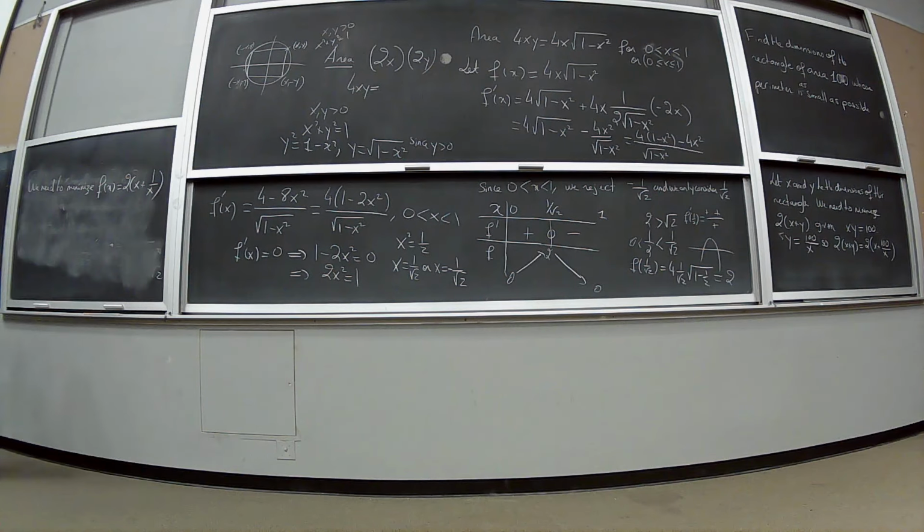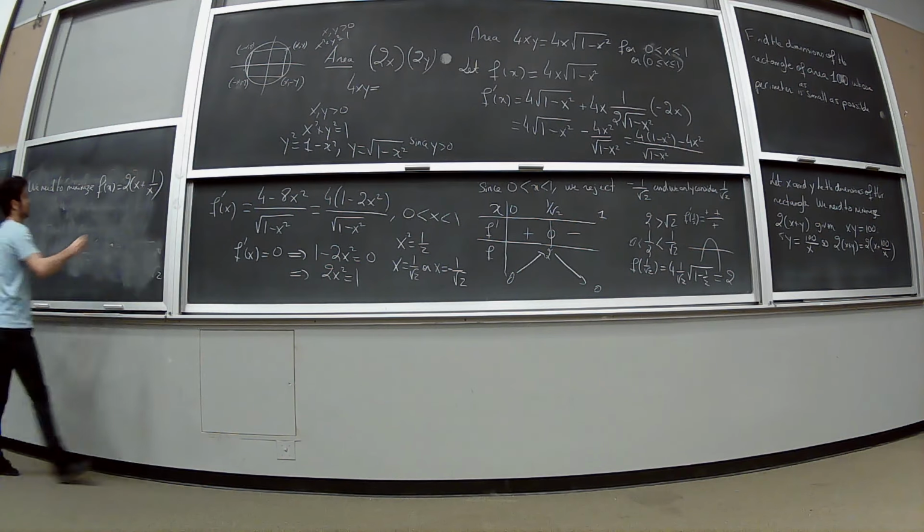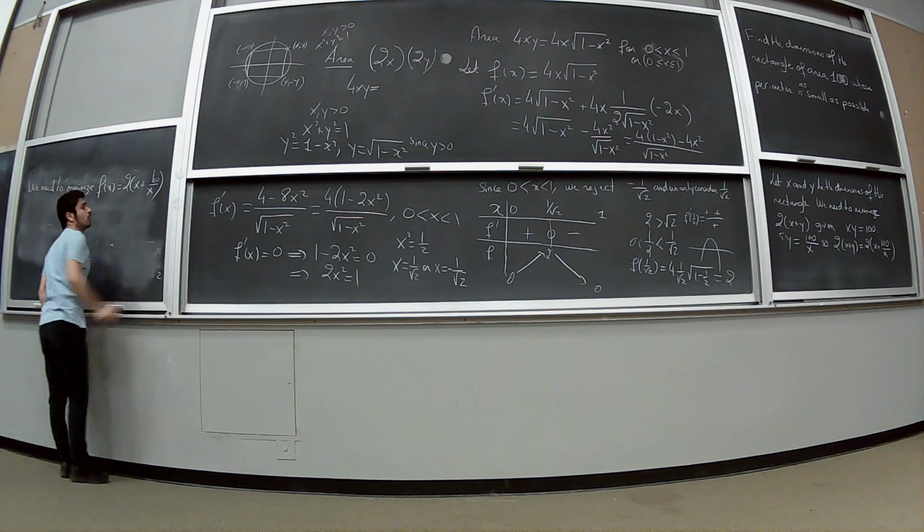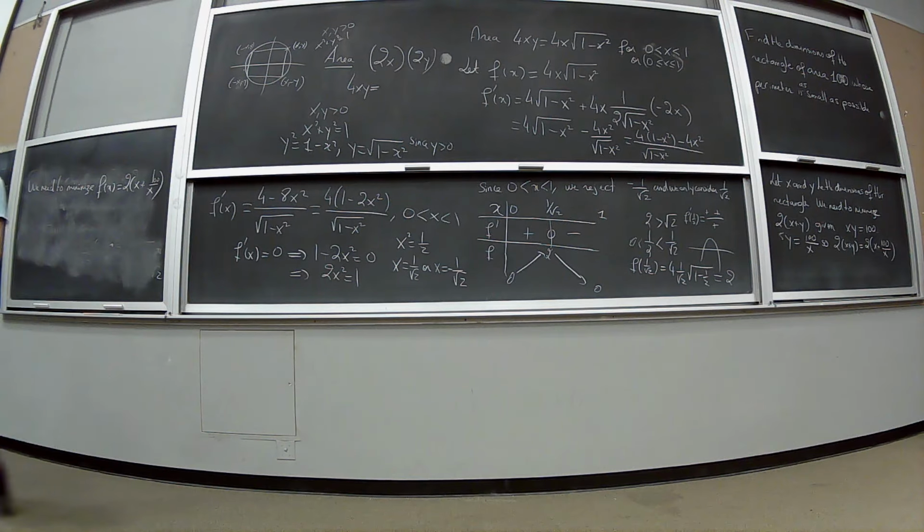On what interval do I need to minimize? What are the possible values of x? X is the dimension of the rectangle. Can x be negative? No, but can x be as large as possible? Yes.